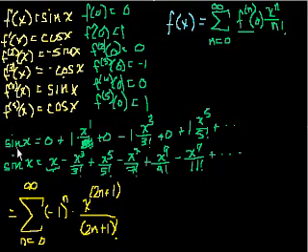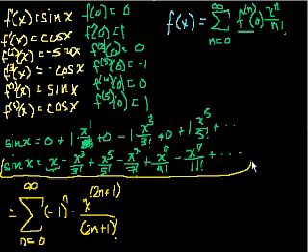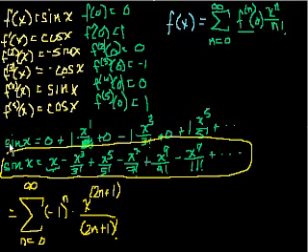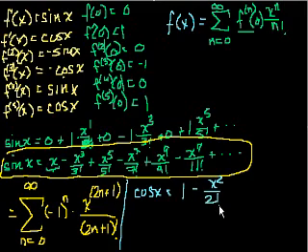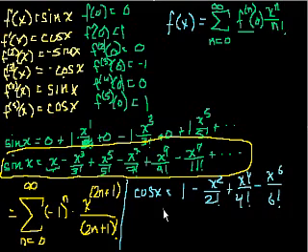Well, that's pretty interesting. But what's even more interesting is if you see the similarity between the Maclaurin series representation for sine of x and the representation we figured out for cosine of x in the previous video. We figured out that cosine of x is equal to 1 minus x squared over 2 factorial plus x to the 4th over 4 factorial minus x to the 6th over 6 factorial plus x to the 8th over 8 factorial.